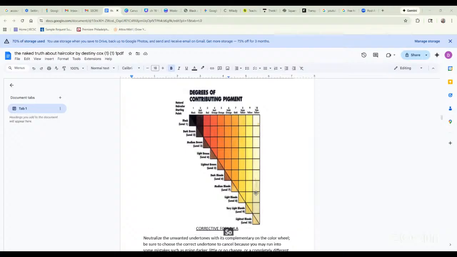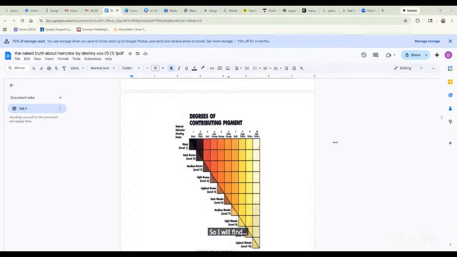So I will find a level 8 toner, and the level 8 comes from where the client wants to be. I will find a level 8 toner with a blue violet undertone. It's going to take all of that unwanted deep yellow goldness out of the hair and give me the light blonde that my client wants.